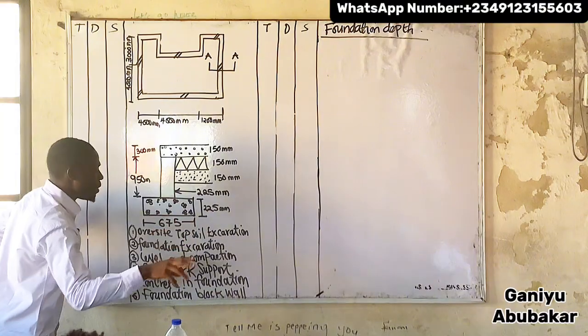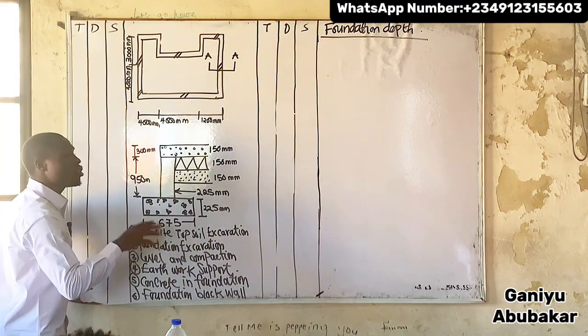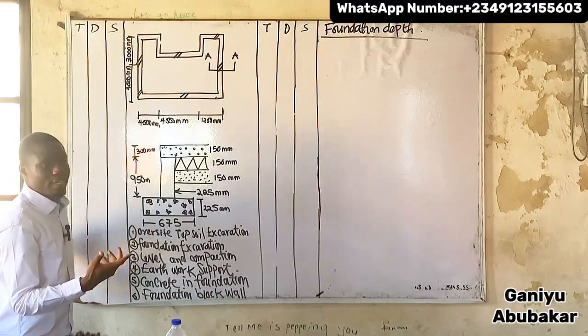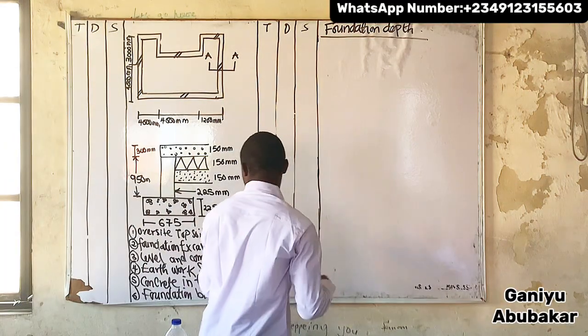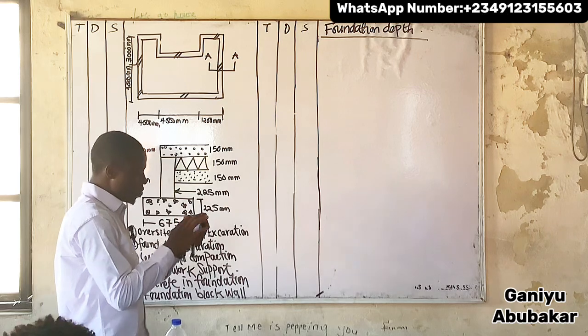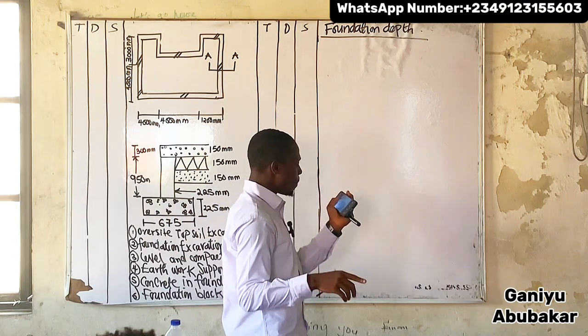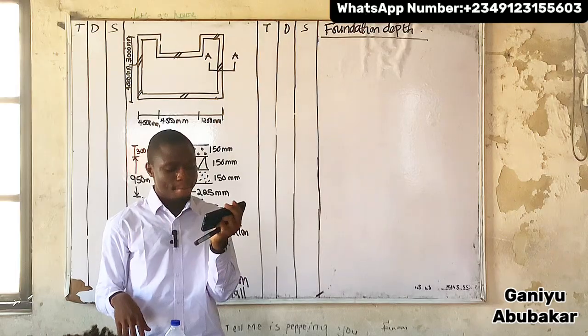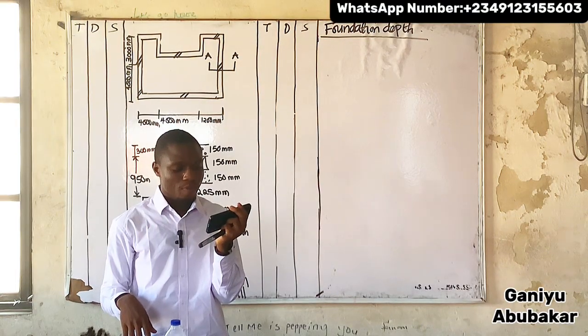So here's the concept for foundation depth. I'm just adding 250 with what? What's my answer there? Sorry, 225 plus 950.